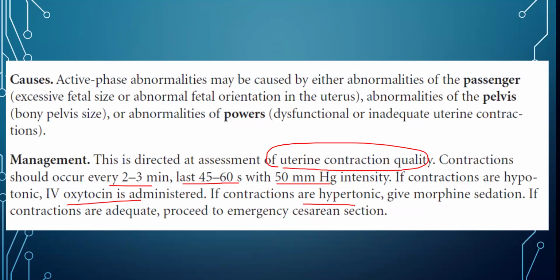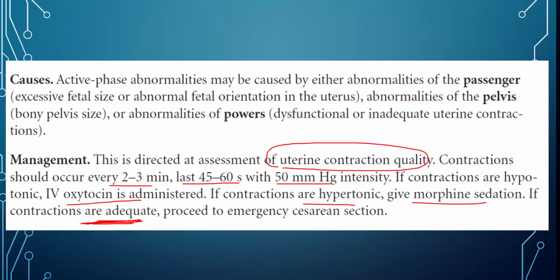If contractions are hypertonic, then you can reduce the contraction by giving some sedatives like morphine or pethidine. What if contraction is adequate? That's the time you would say it is an arrested active phase of labor. So in that case, you can think of going for an emergency C-section.